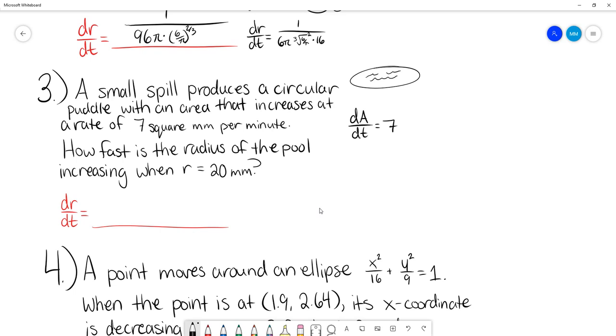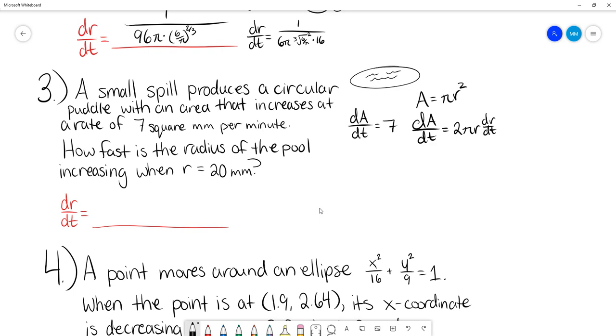Well, because this is a circular puddle, I know the area of a circle is pi r squared. So I can solve for dA dt by taking the derivative with respect to t, which is going to be 2 pi r dr dt, because I just took that implicit derivative, right? Derivative of r squared is 2r.